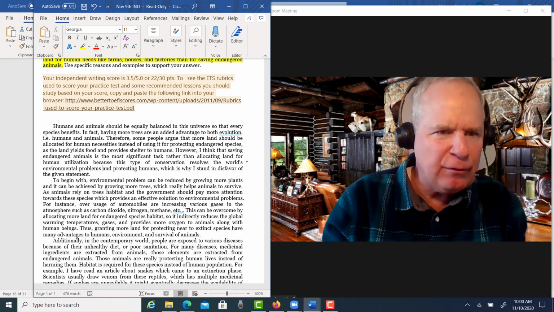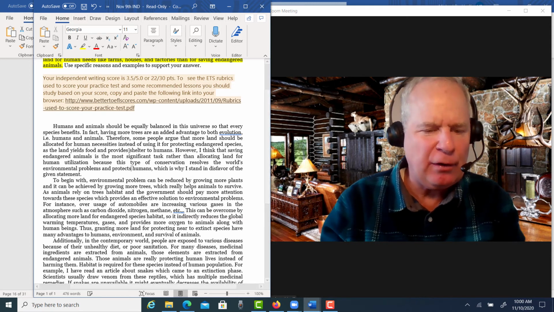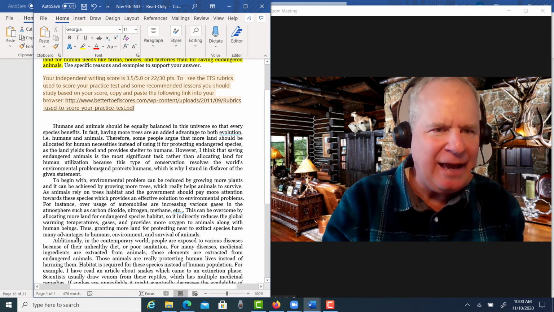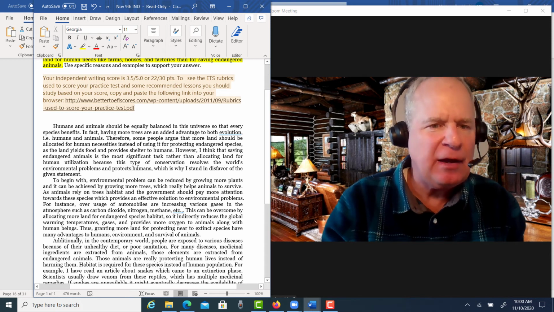It resolves the world's environmental problems and resolves and protects. This is a parallel structure issue. So we're using "and" to connect these two verbs together: because this type of conservation resolves the world's environmental problems and protects humans, which is why I stand in disfavor of the given statement.